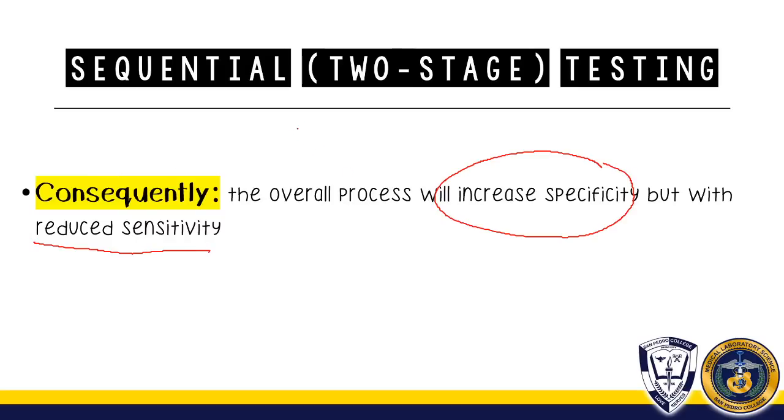So going back to our example, your specificity went from what to 98%, and your sensitivity went from 70% to an even lower 63%. So we have to watch out for that.